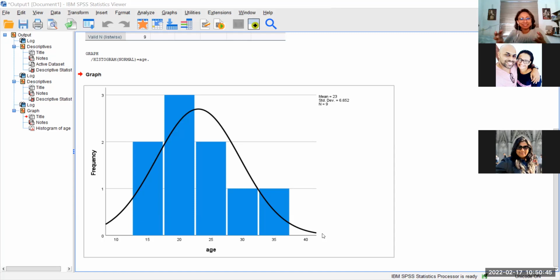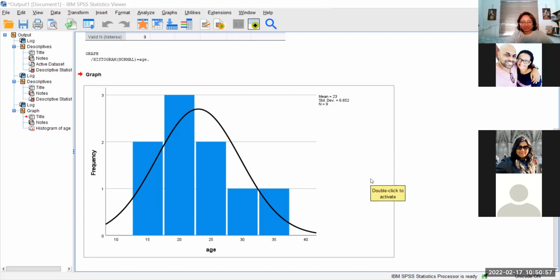Nobody? No one knows? Sorry, Varuni, my connection's all over the place. I keep missing some things. What did you ask? The curve, do you see this as positively skewed, negatively skewed?